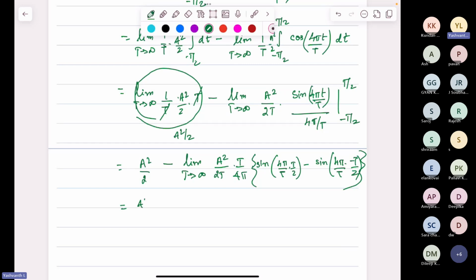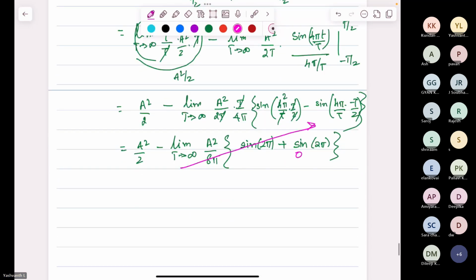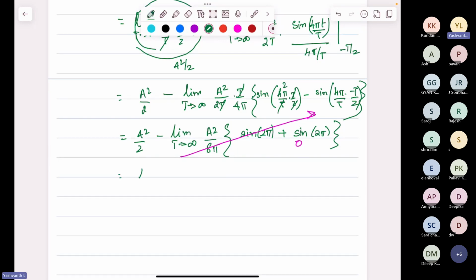The same as A squared by 2 minus limit T tends to infinity, T and T cancel, A squared by 8 pi into, T and T cancel, 2 and 4 cancel, sine 2 pi minus of minus sine 2 pi, that is plus sine 2 pi. But sine 2 pi is equal to 0, right? So this entire term goes to 0. Therefore, our answer is A squared by 2.